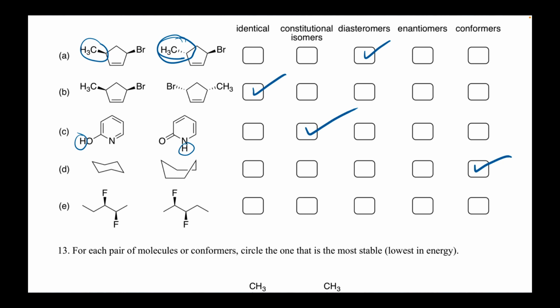Well, the chain, so let's look at this. This is 1, 2, 3, 4, 5, right? And this is 1, 2, 3, 4, 5. Notice the fluorines have just been moved over a little. If I were to take this molecule and turn it and flip it, it would have the 2 fluorines down.